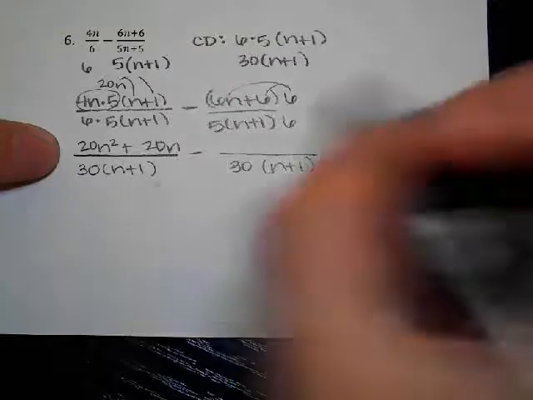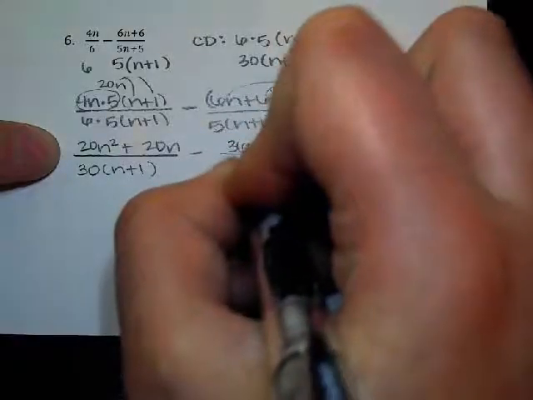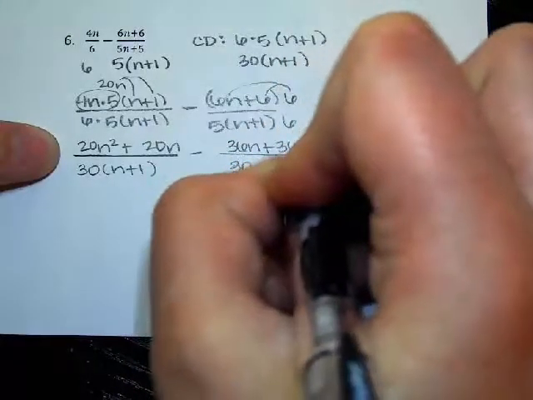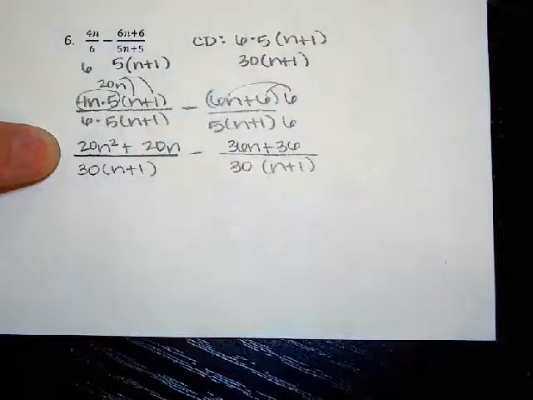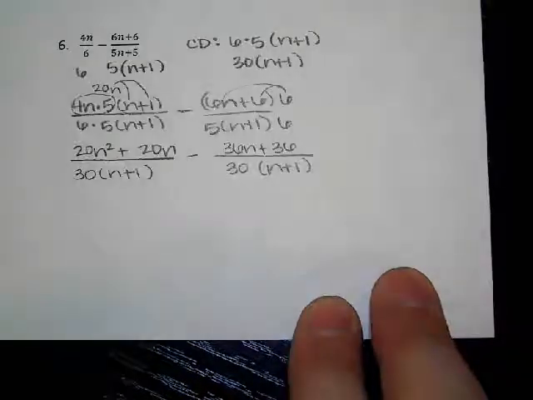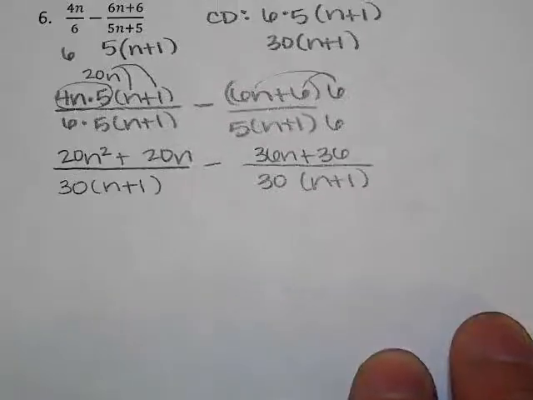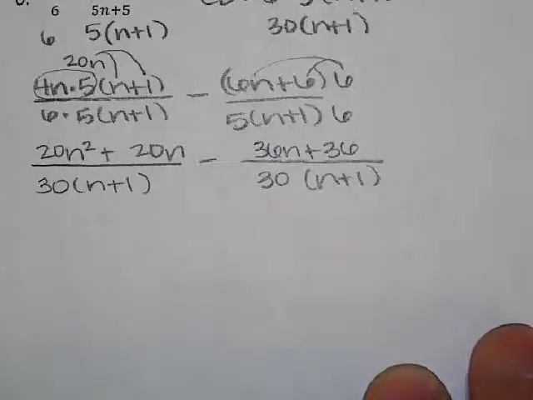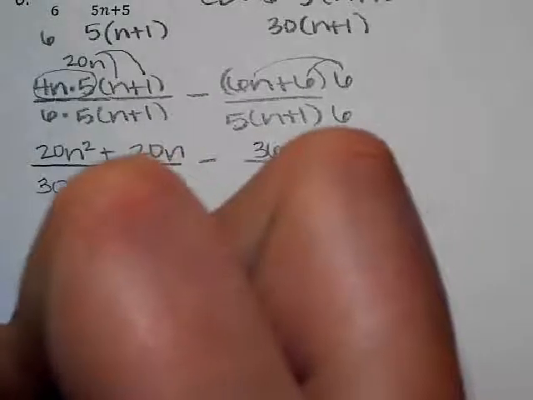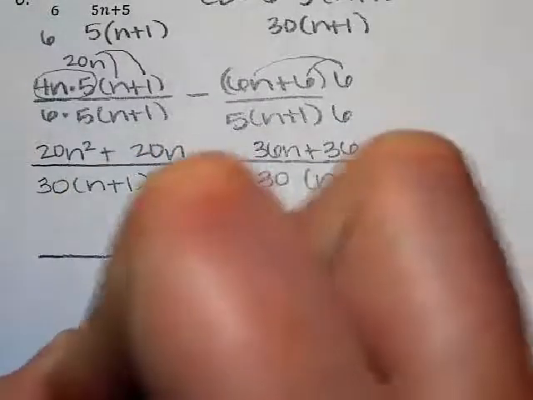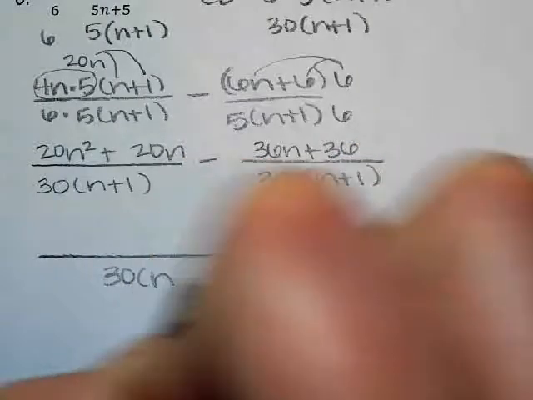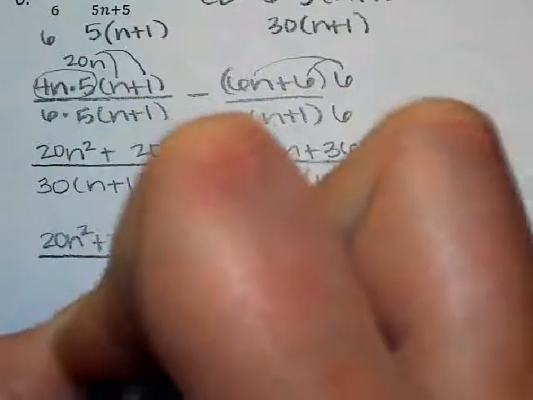Okay, so now let's go ahead and write this with the common denominator. So we've got 20n squared plus 20n minus 36n minus 36.